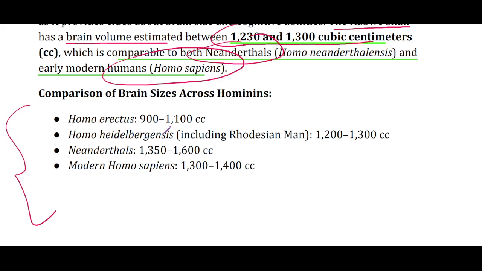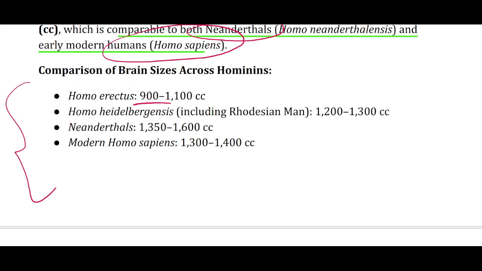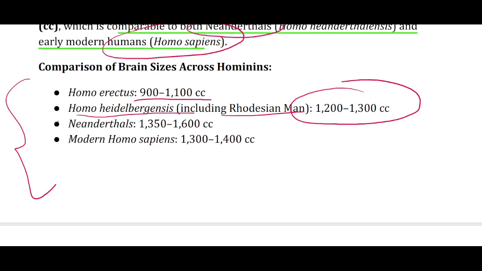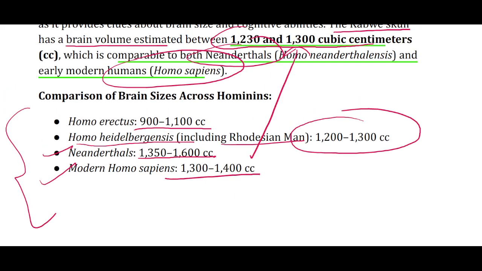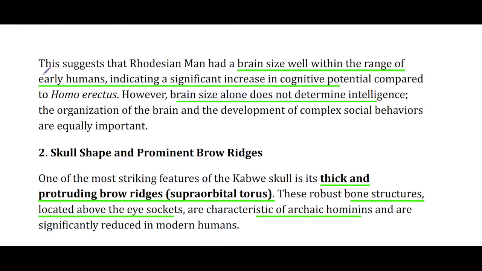You can see the comparison here. Homo erectus from 900 to 1100 cc, Homo heidelbergensis including Rhodesian man 1200 to 1300 cc, Neanderthals the highest, 1350 to 1600 cc, and modern Homo sapiens 1300 to 1400 cc. You can see the difference here.